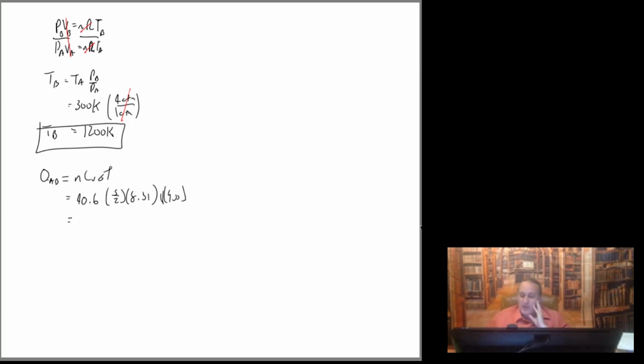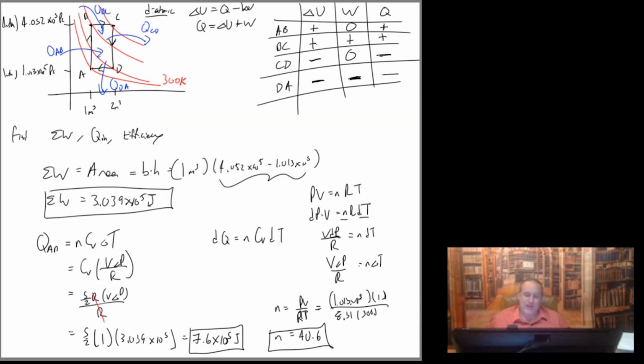And I get 7.6 times 10 to the 5th joules. Okay, as I said, we could do that either way by finding the number of moles and finding the temperatures. That's perfectly fine. That's what students like to do because the task is well defined. But I personally think this other method is way less work. It's less work for me. When you take thermodynamics, you'll probably do it this way.